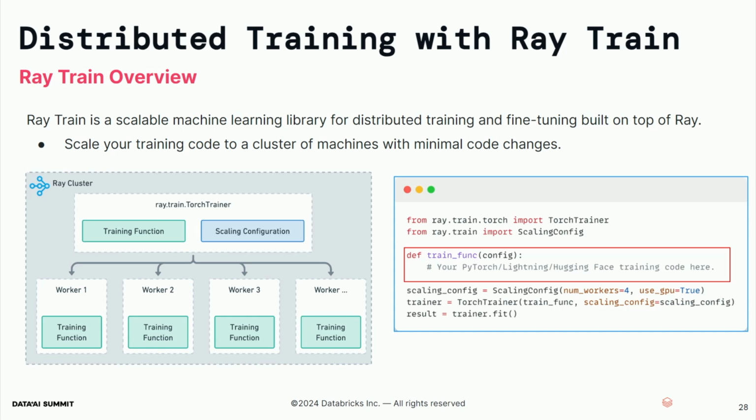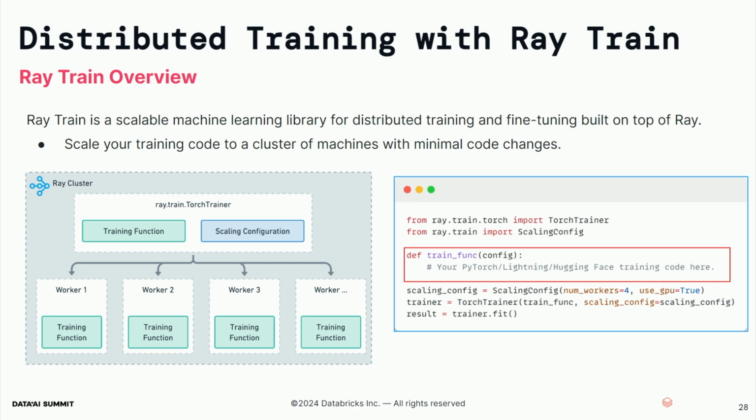First of all, we use Ray Train to implement this training pipeline. Ray Train is a scalable ML library that can help you easily scale your single machine training code to a cluster of machines with minimal code change. As shown on the right-hand side is the skeleton of your code.